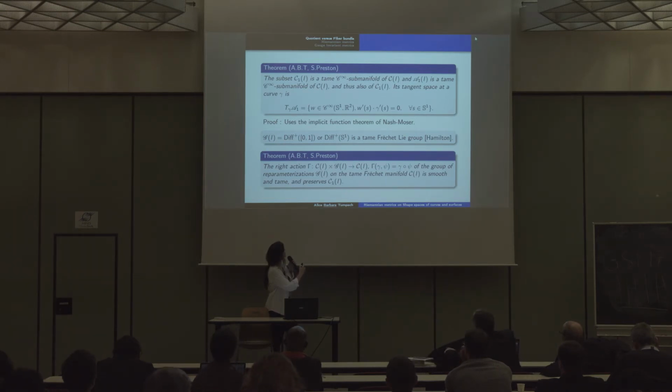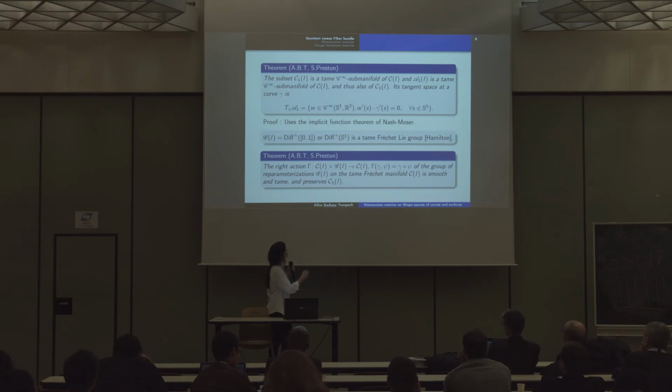It's just the space of vector fields along the curve such that the dot product between the derivative of this vector field and the tangent vector of the curve is 0. So the derivative of the vector field is in the normal direction. This is the tangent space to the arc length manifold, which is the manifold of arc length parametrized curves.